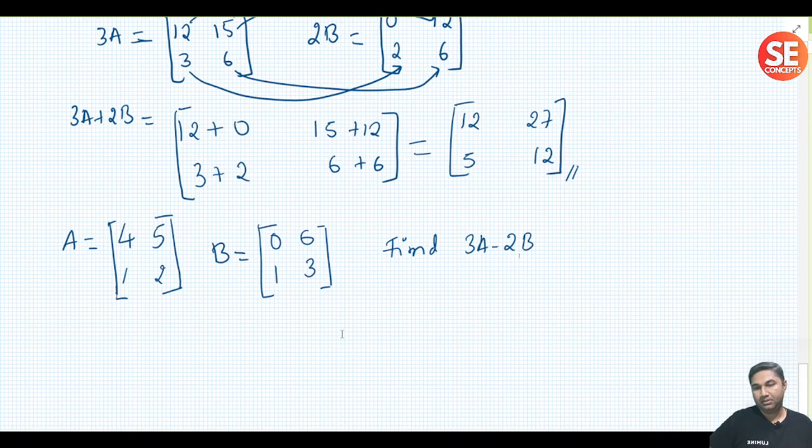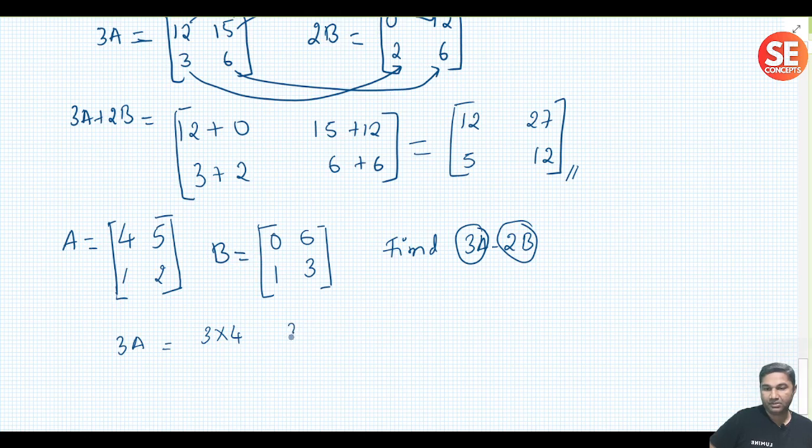Simple. First you have to find 3A, then find the matrix for 2B, then subtract. First I will write 3A equal to 3 into 4, 3 into 5, 3 into 1, 3 into 2.